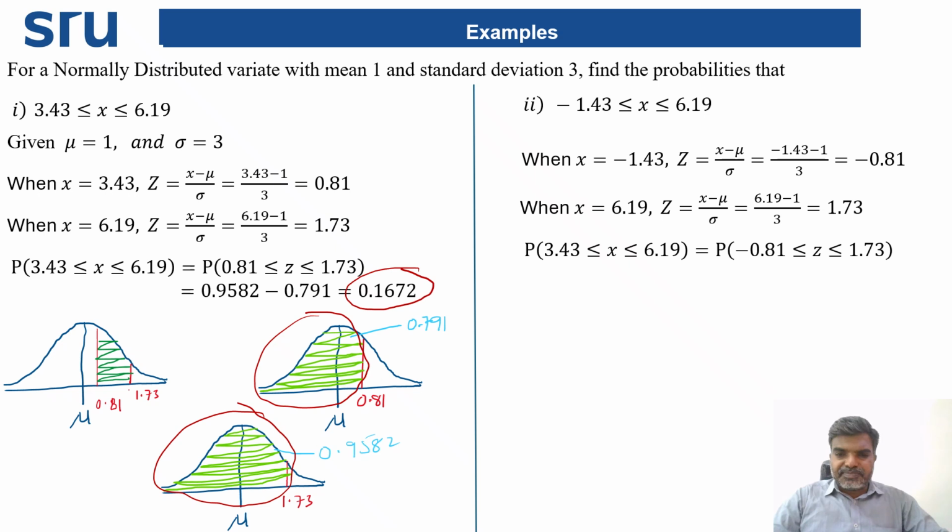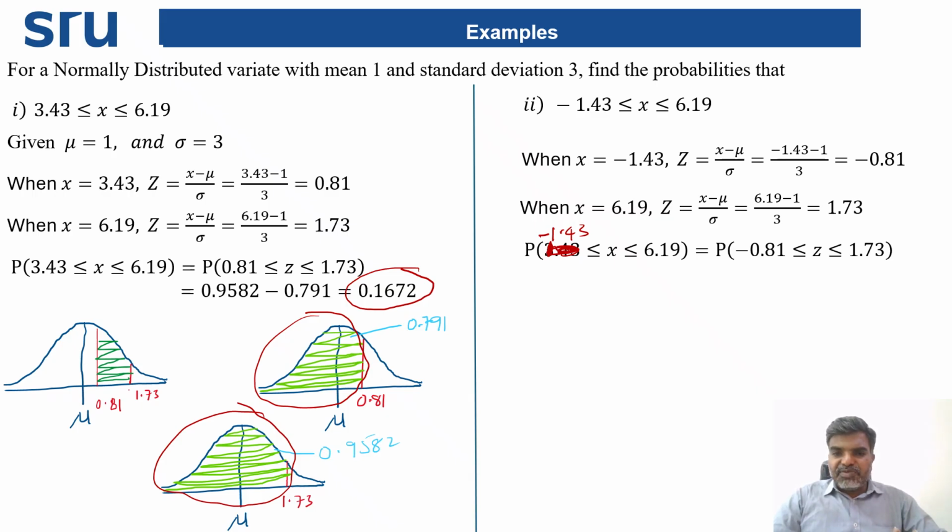Actually this is not 3.43, this is 1 minus 1.43. We need the probability when x lies in between minus 1.43 and 6.19. So we converted these x values into z values. We have to find the corresponding probability when z lies in between minus 0.81 and 1.73.